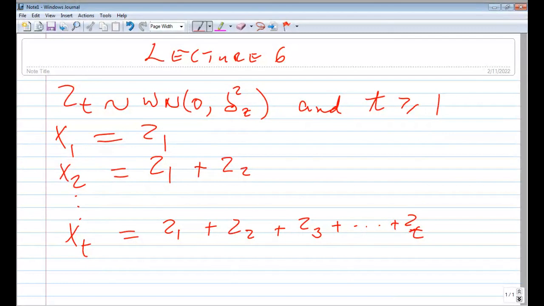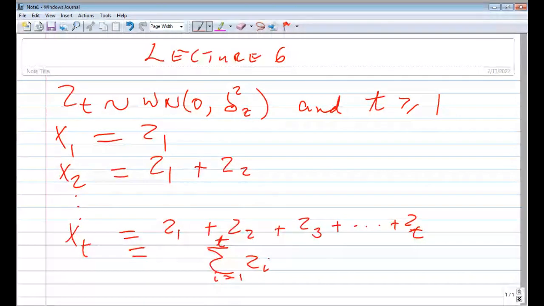So if it's like that, this last expression, Xt equal to Z1 plus Z2 plus Z3 plus up to Zt, can also be written as the summation of Zi, where i starts from 1 up to t.